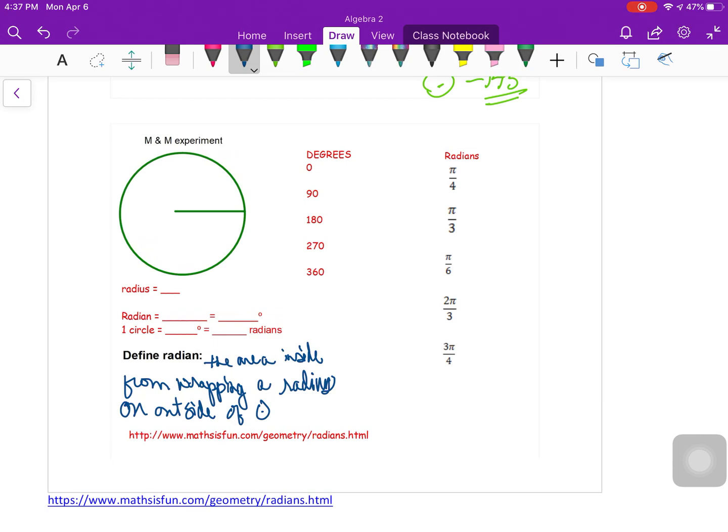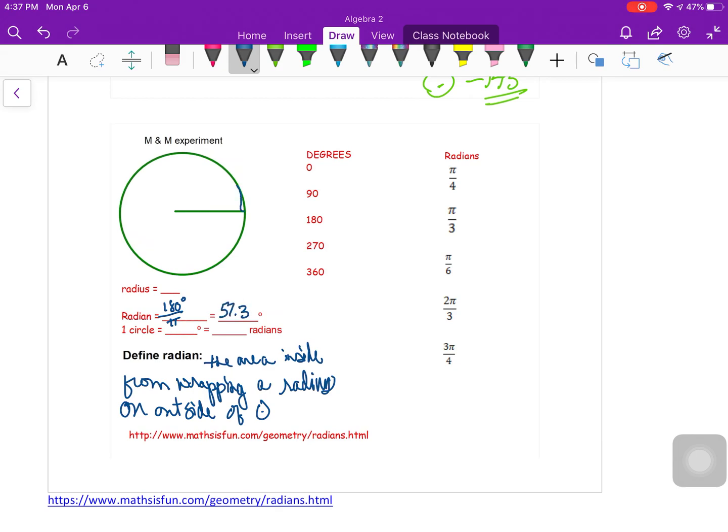So 1 radian is equal to 180 degrees over pi. So if I take that 180 degrees and divide it by pi, that actually comes out to be about 57.3 degrees.